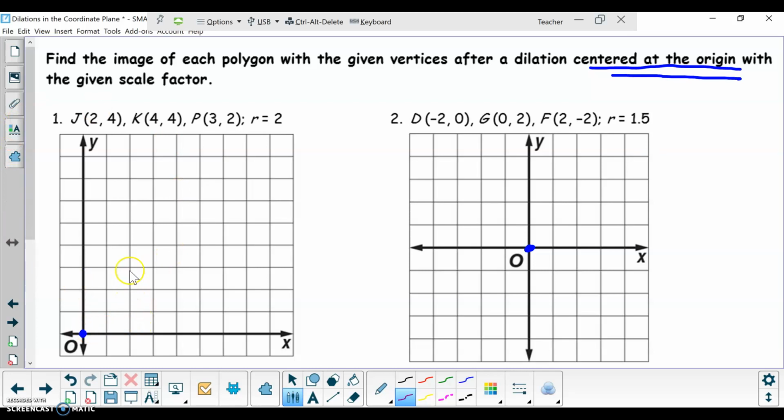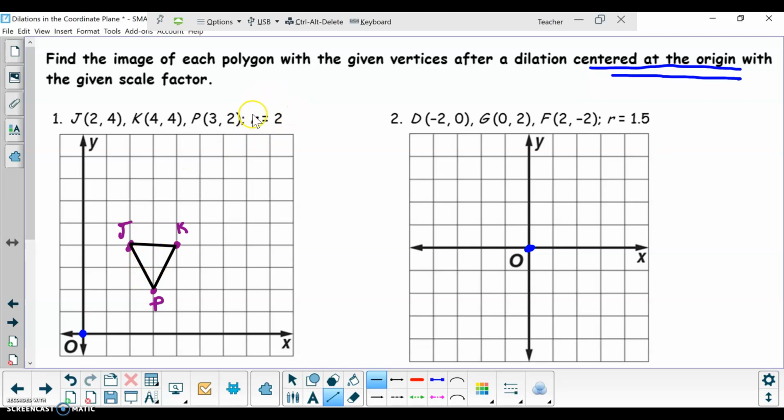So we got the point 2, 4, 4, 4, and 3, 2. Okay, so this triangle right here, JKP, is my pre-image.